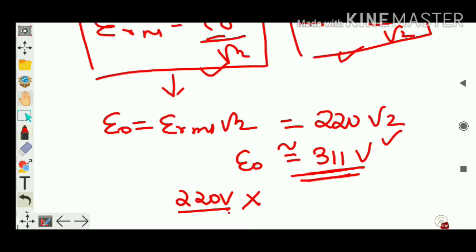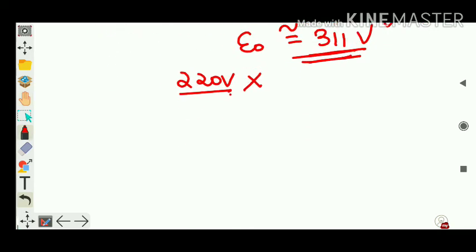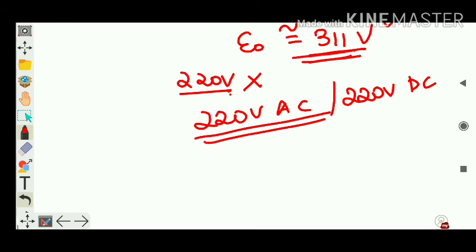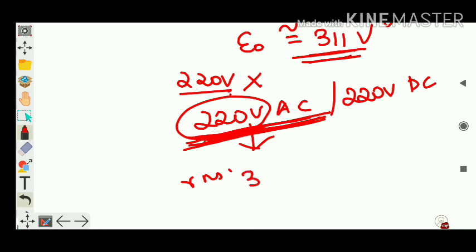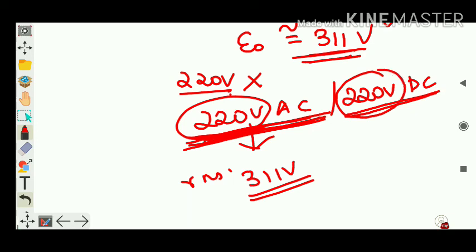So that's why, if anybody asks you whether 220 volt AC is dangerous or 220 volt DC is dangerous, 220 volt AC is dangerous. Because 220 volt AC means the root mean square voltage received by you is 220 volt, but actually the peak voltage, the maximum voltage, can go till 311 volt. 220 volt DC means you will receive this much voltage only, 100% sure.